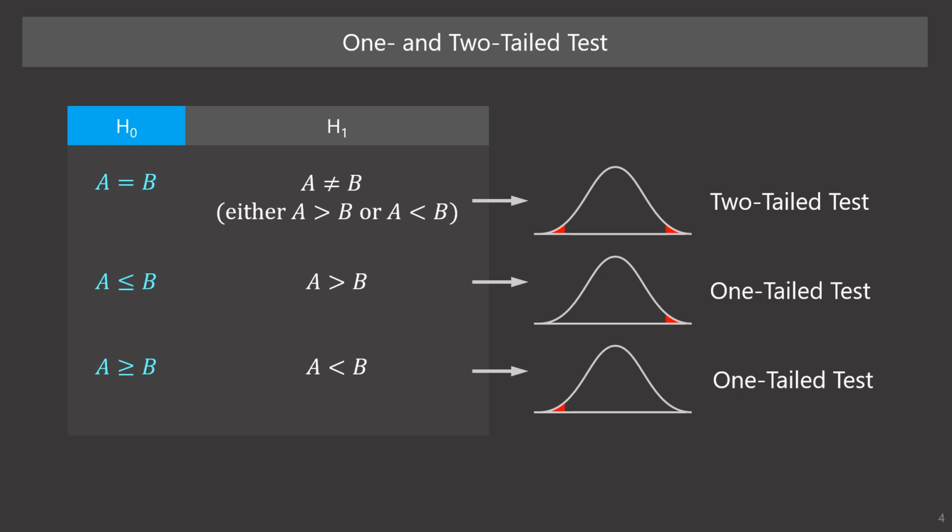Therefore, to determine whether we can reject a null hypothesis or not, we need to show either of the three relationships proposed by alternative hypothesis is true.